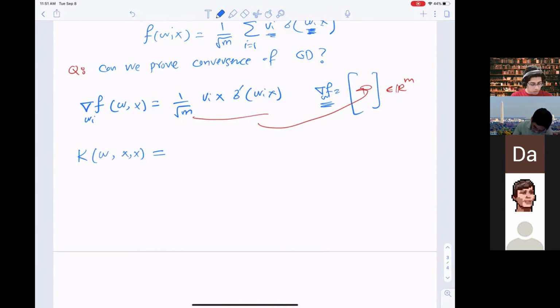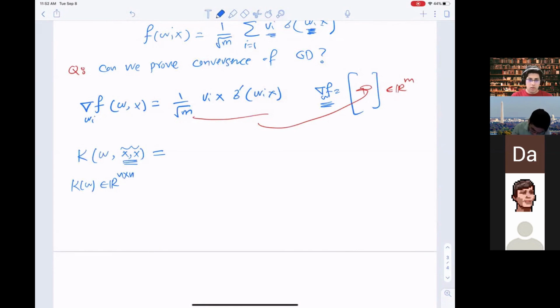Remember, this tangent kernel is an n by n matrix, where n is the number of samples that I have, for each pair of samples. So here I'm evaluating just the diagonal term. I'm taking x and x, evaluating this tangent kernel between x and itself.